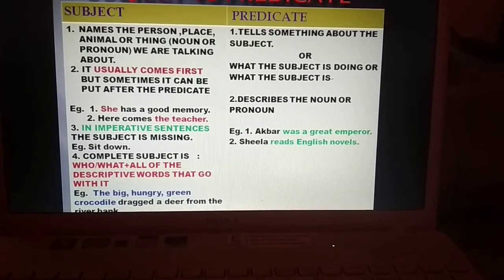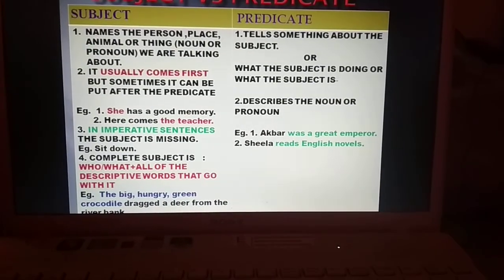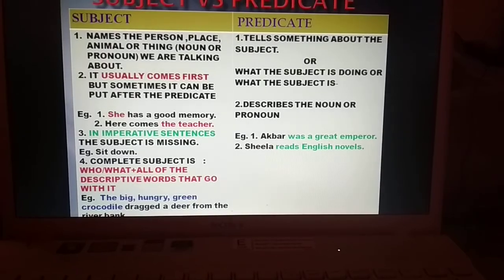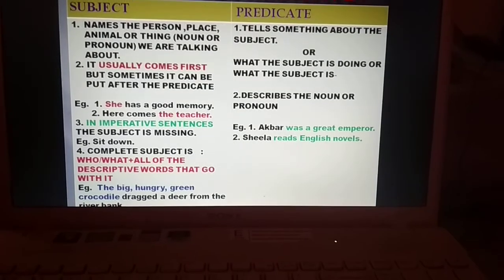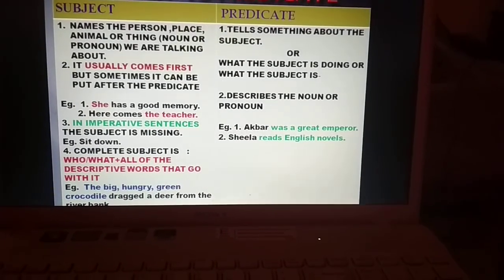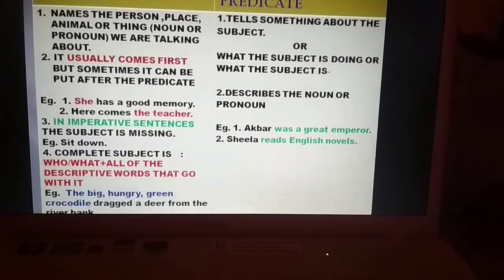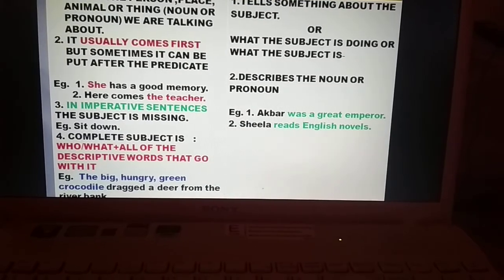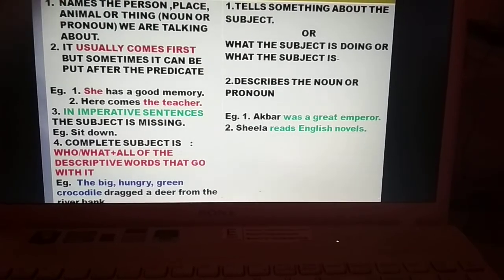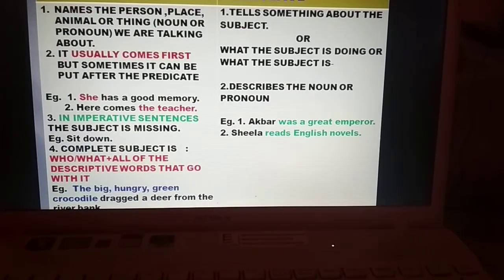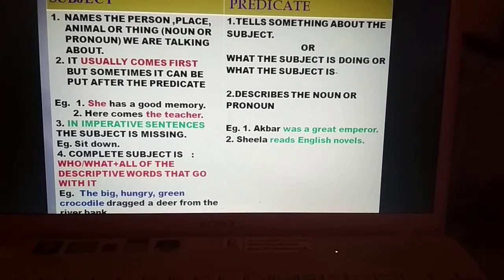Now in the fourth point, you need to know that to understand the complete subject, we need to take who or what we are talking about plus all of the descriptive words that go with it. So to understand this particular thing, you can go through the example. The big hungry green crocodile dragged a deer from the river bank. Okay, now here we are not only talking about just a crocodile, we are talking about the big hungry green crocodile.